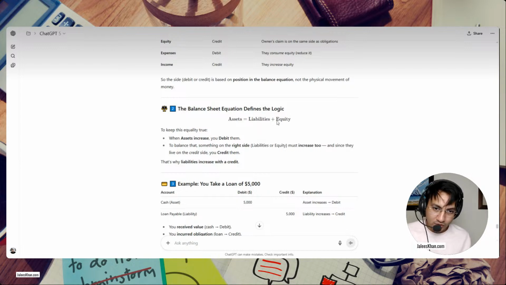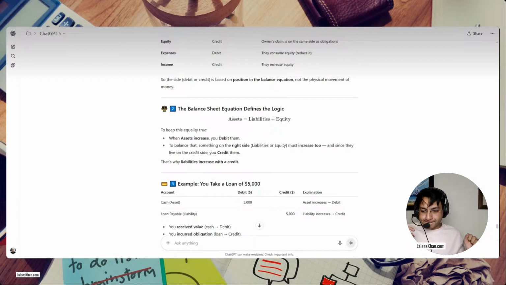If I deposit money into the business, it is going to increase that part, because I'm not giving a loan to the business which I have to repay, but I am paying that amount to have a share in the business.